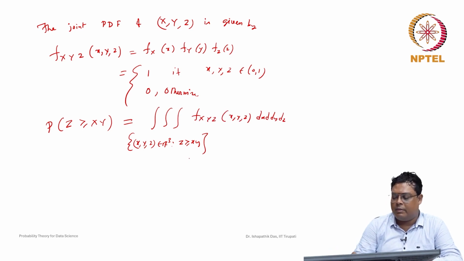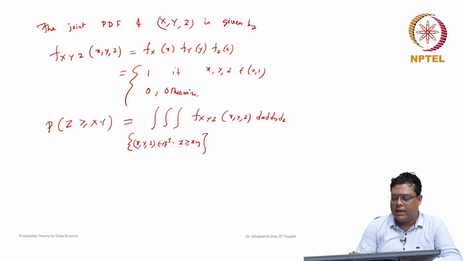Assuming that it exists, which it does because the total sum is 1 over minus infinity to plus infinity, since it is a joint probability density function, we can also change the order of integration.